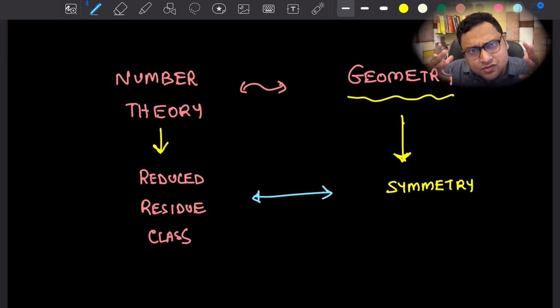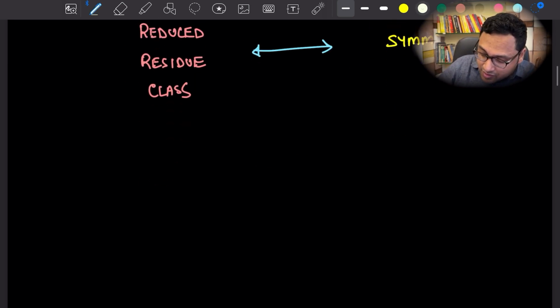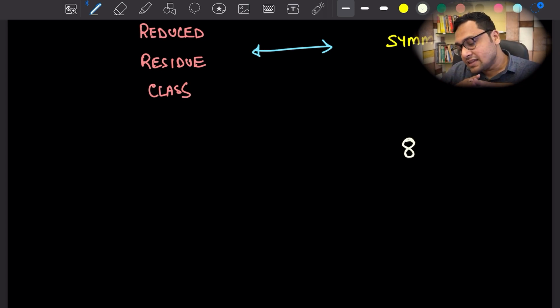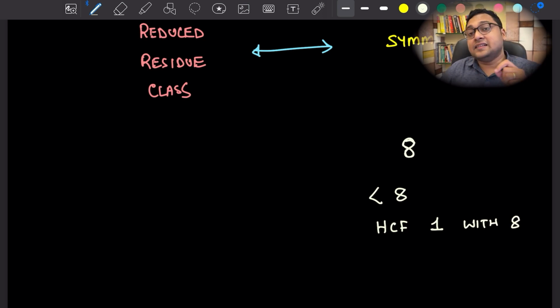So what is the reduced residue class? Well, let's take the number 8 and let us write down all the numbers which are less than 8 and which have HCF 1 with 8. That means the number and 8 have the highest common factor, or GCD, as 1.